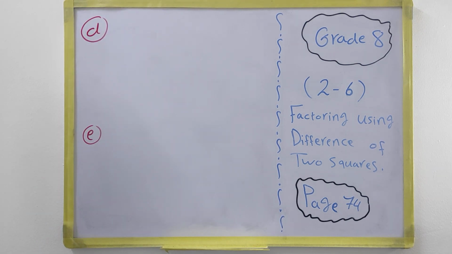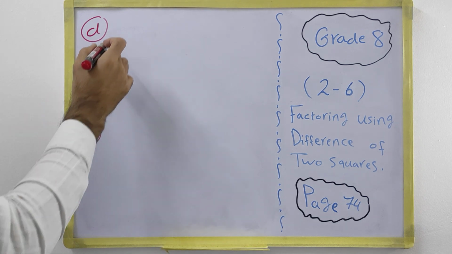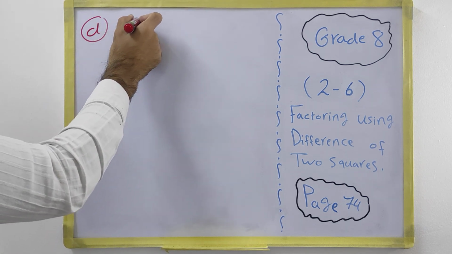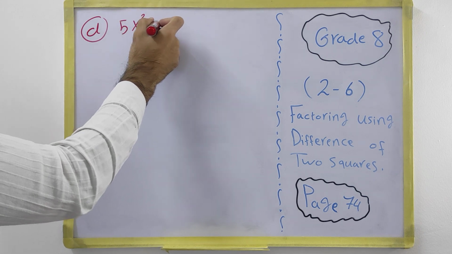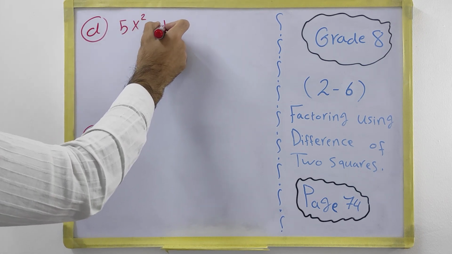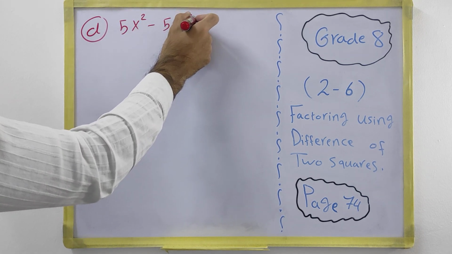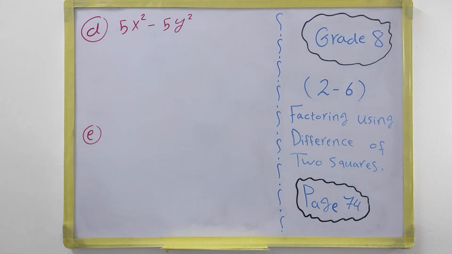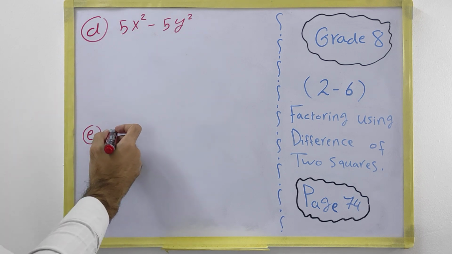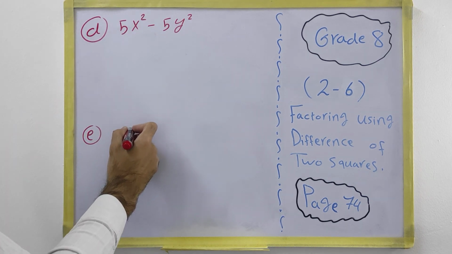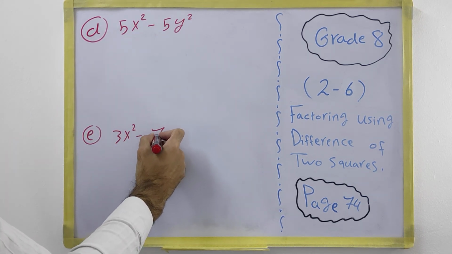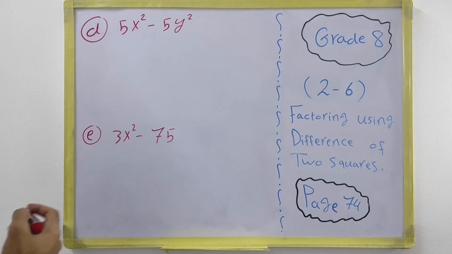Let's solve two more examples, which are 5x power 2 minus 5y power 2. This is one of them. And the other one we can say 3x power 2 minus 75.